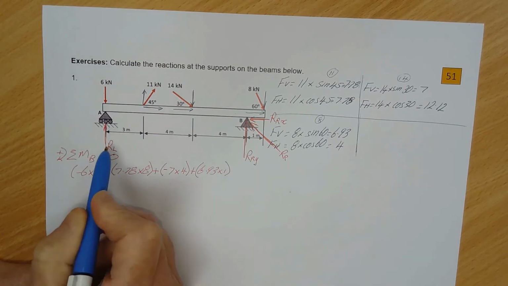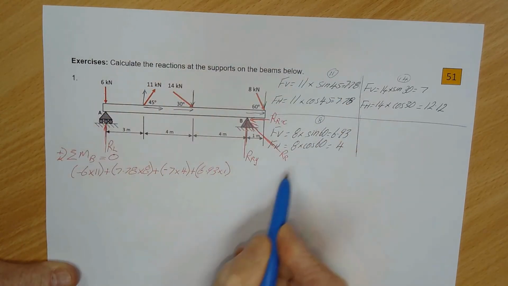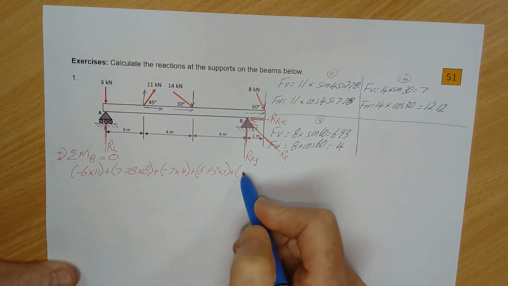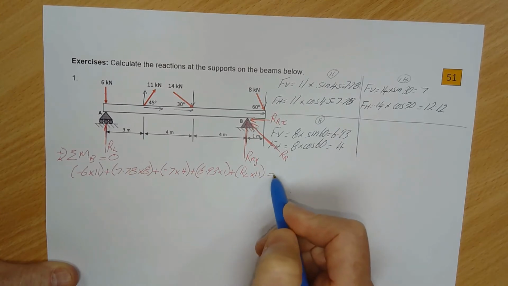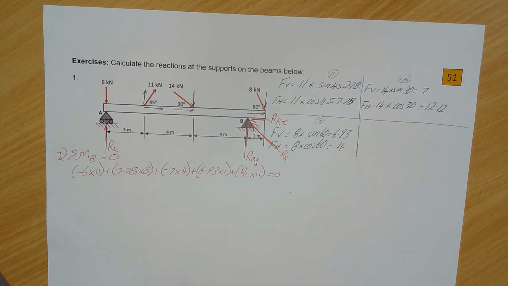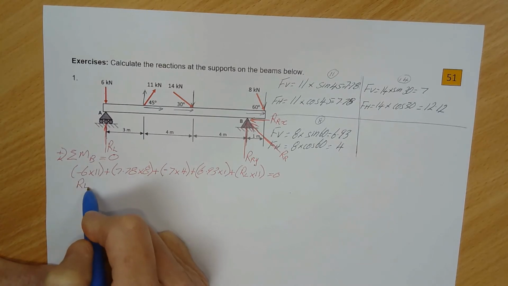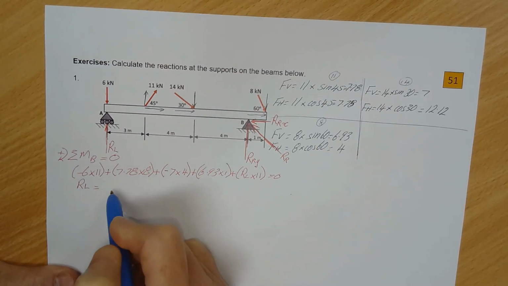And finally, our last unknown is RL, spinning clockwise, so it's a positive value of RL times 11 equals 0. Remember, perpendicular distance back to the point of application. So we transpose that equation now. We find that RL is equal to 2.26 kilonewtons.